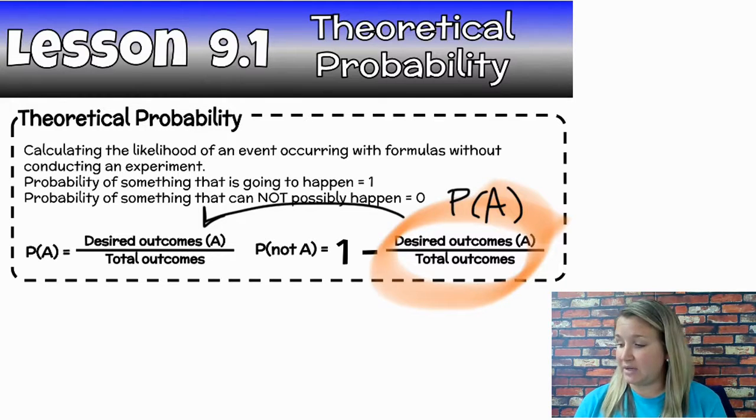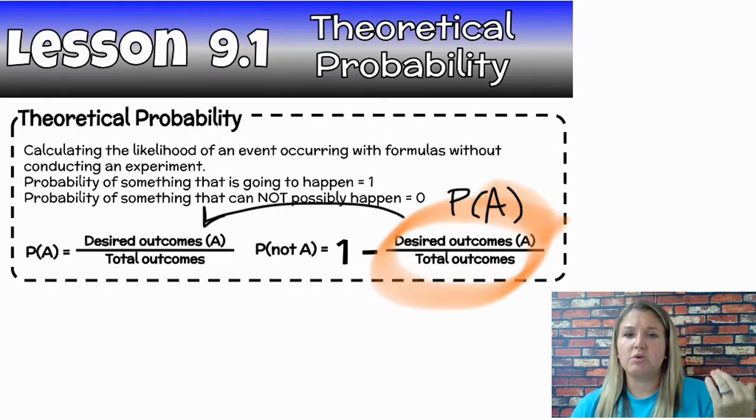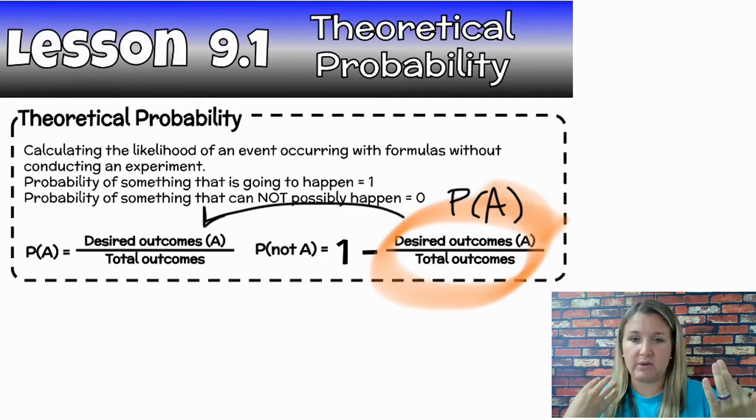With one desired outcome, the probability that you don't get the answer correct is one minus one fourth, which would be three fourths. Or the desired outcome of a wrong answer is three divided by the total outcomes, which is four. So you can do it either way: count them up if it's countable, or use one minus that probability.